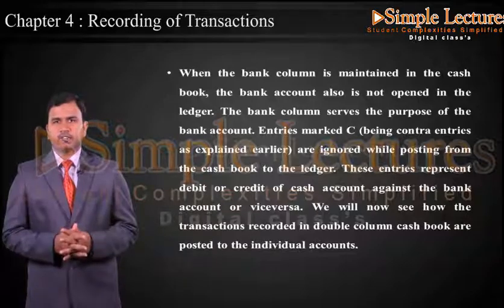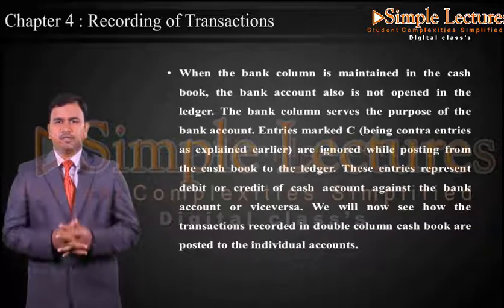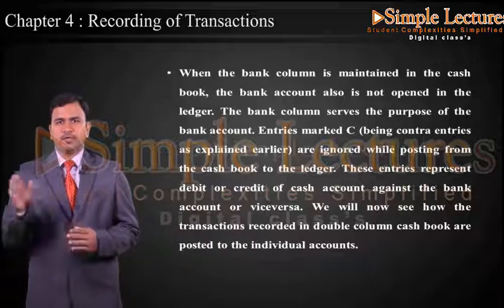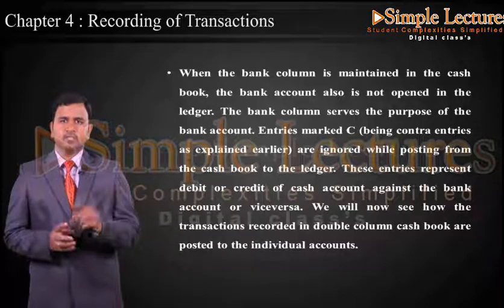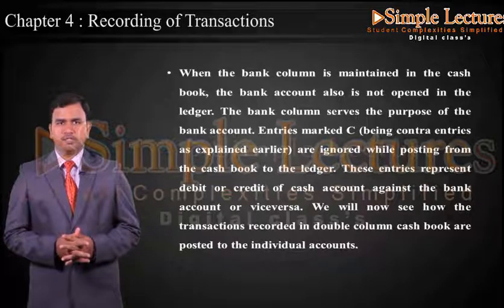Entries marked as C, as already explained in the previous session, are considered contra entries, where on one side the amount is deducted from the bank and on the other side the same amount is added to the cash. These are ignored while posting the cash book entries to the ledger.